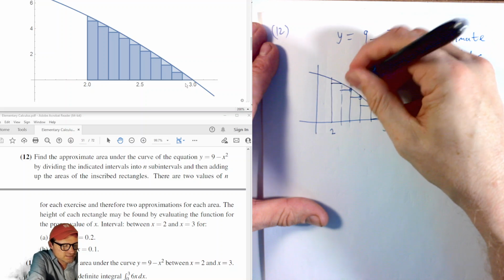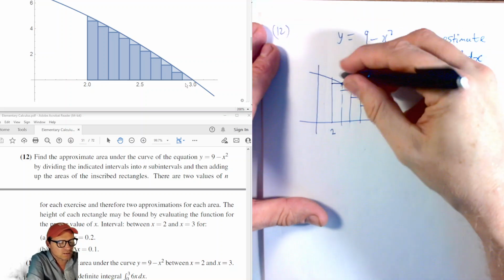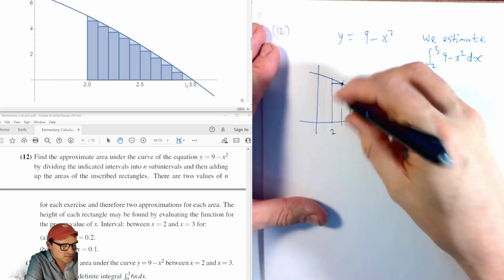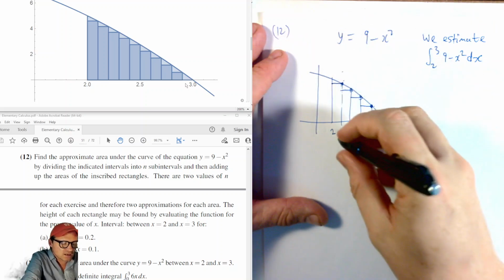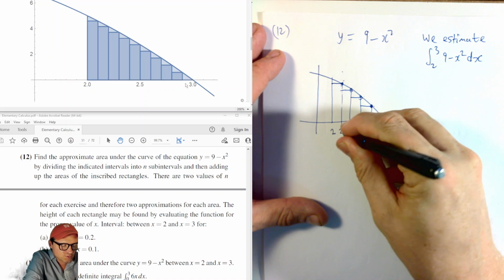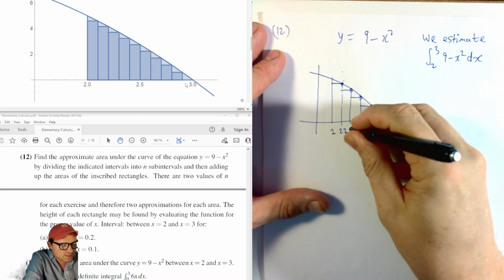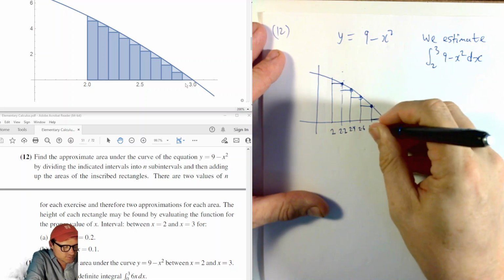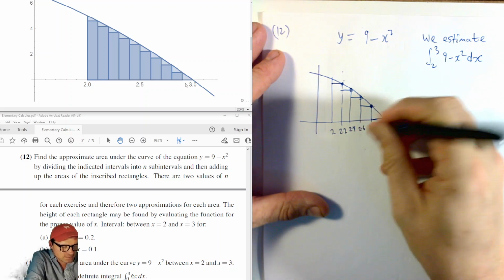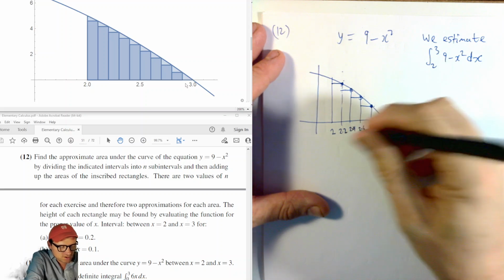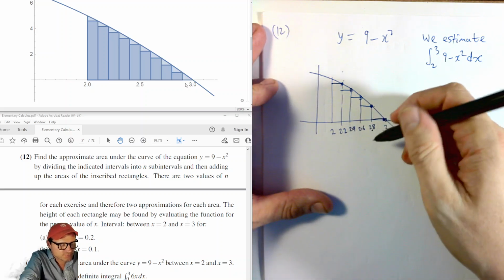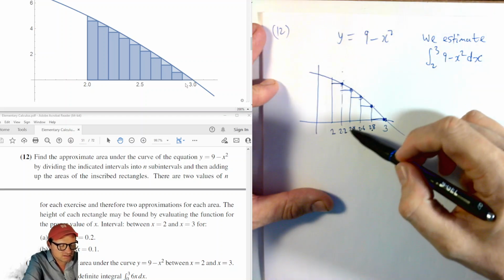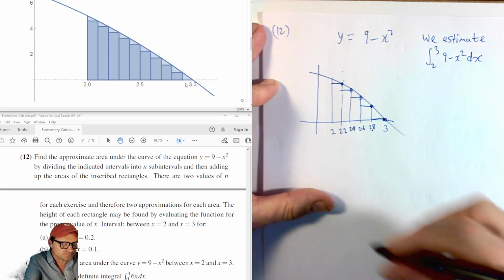Okay, now we need to know where these points are. Where are these? So the first one occurs when x is 2.2, and then we have 2.4, 2.6, 2.8, and 3. So these are the x values of those points. So the y value is gotten by subbing these numbers into the function.